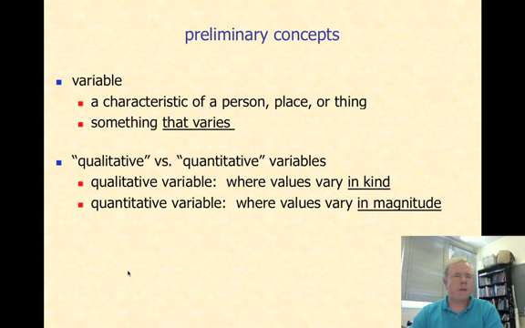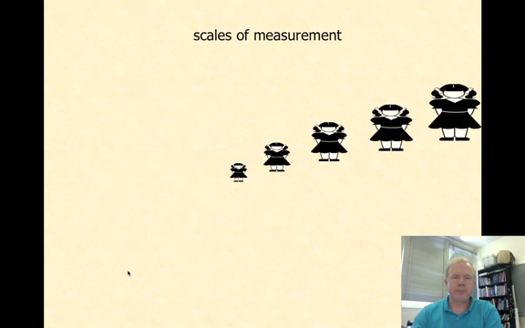So if you're trying to decide, is this a qualitative variable or is this a quantitative variable, if things only differ in what they're called, but there's really no order or sense to one is greater than or less than another, it's a qualitative variable. Now, quantitative variables come in some different scales of measurement. So let's take a look at what some of those scales of measurement look like.